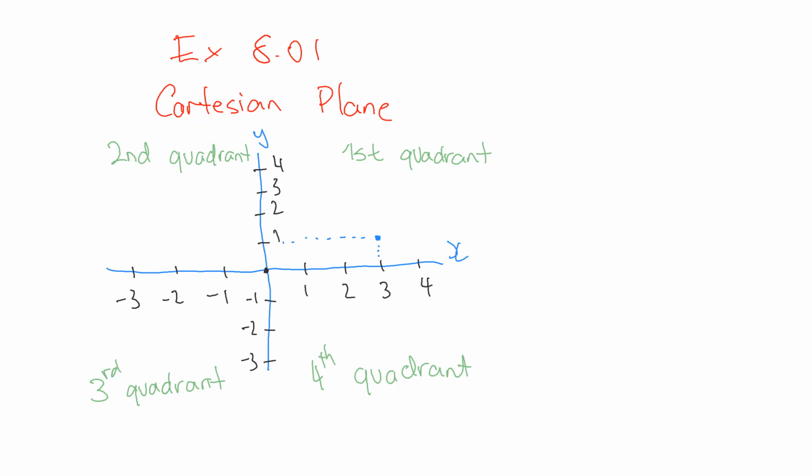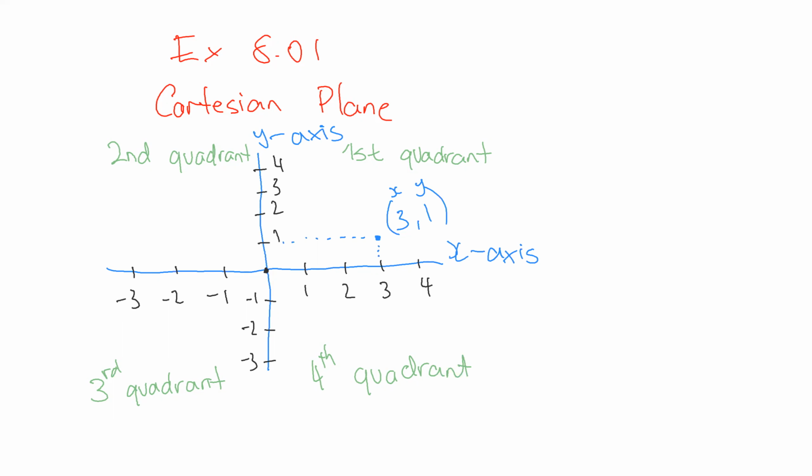That dot has a coordinate of 3, 1. We use the x value first, so that's x and that's y. As you can see, the 3 is on the x axis, and 1 is on the y axis. That's how we read coordinates on a Cartesian plane.